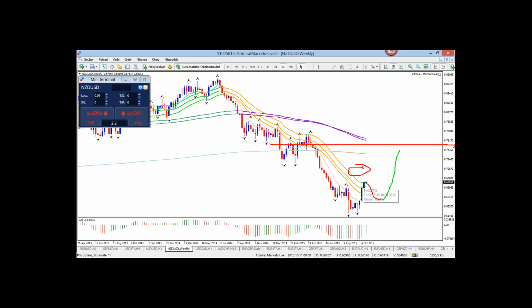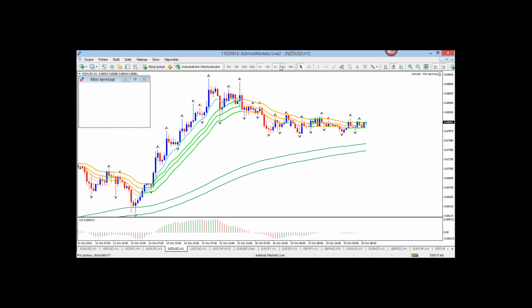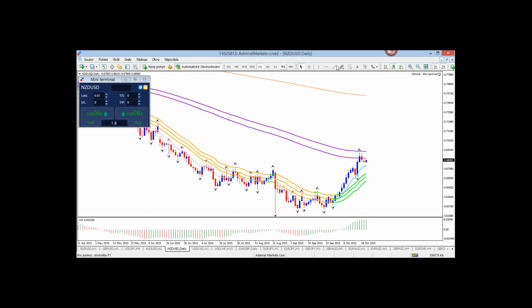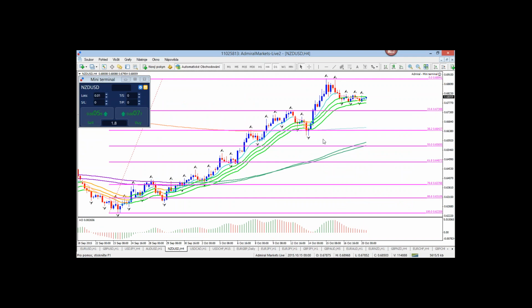But no matter how I look at it, this still seems to be a pretty sturdy resistance spot. And a dip down, at least to a 50 fib, I think, should be expected, which is the long-term moving average on the hourly chart.